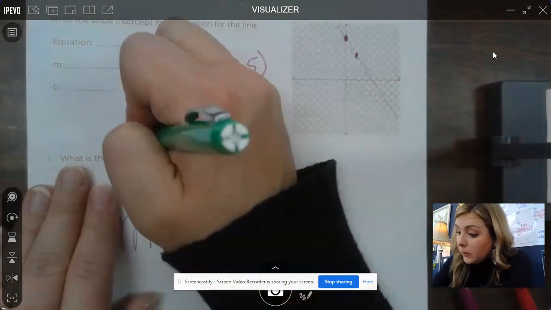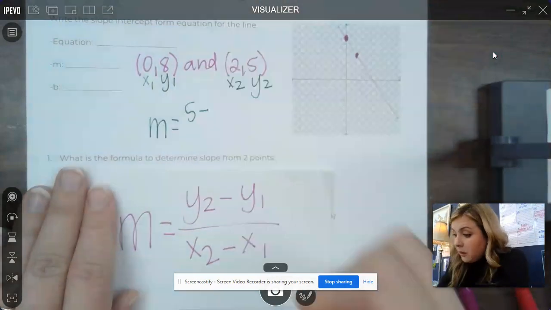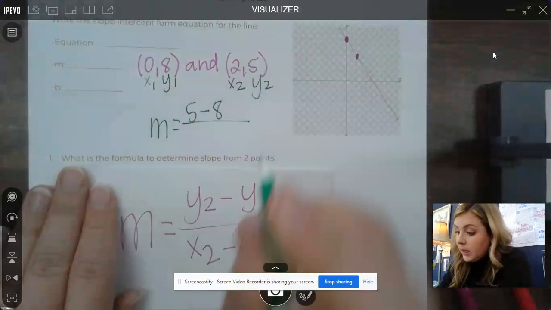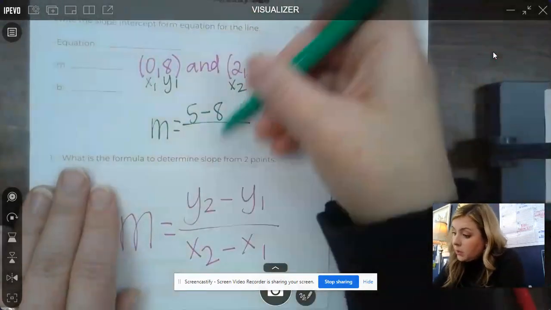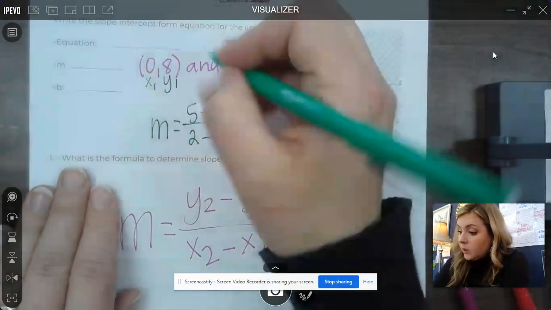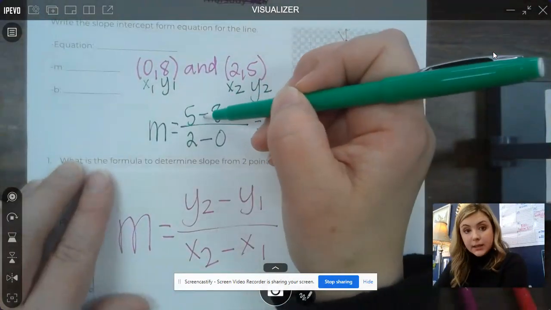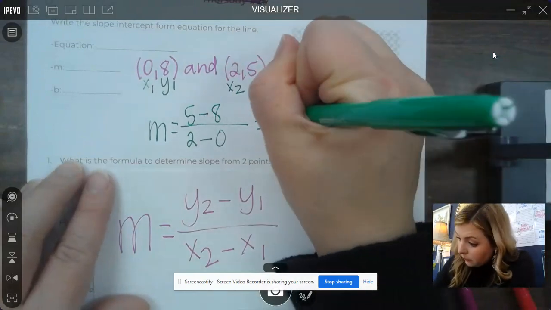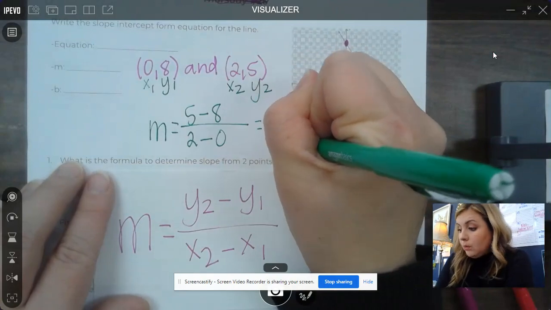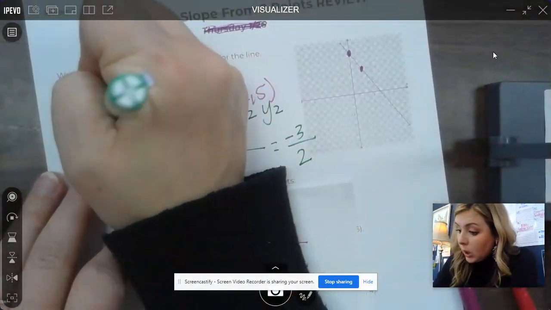So I'm going to say that the slope of this line would equal my y2, 5, minus my y1, 8, divided by my x2, which is 2, minus my x1, which is 0. And if I simplified that out, I would have 5 minus 8, which is negative 3, and 2 minus 0, which is 2. So I'd have a slope of negative 3 over 2.